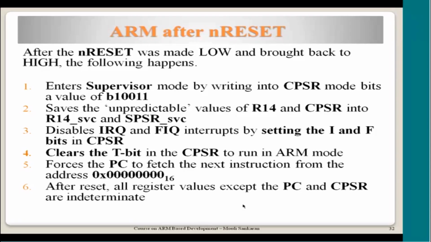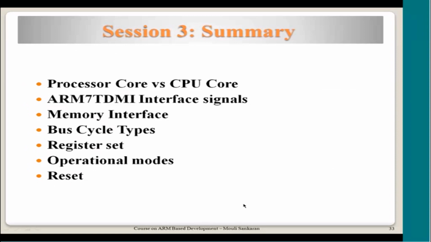Okay, so now we have come to the end of the class. In this section, we learned what the processor core and CPU core are, and what the interface signals are. We talked about the multiple data buses available, the different signals available to interface with the memory, and the different transfer sizes possible. And then we talked about bus cycles, which are sequential access, non-sequential access, internal cycle, or coprocessor cycle.